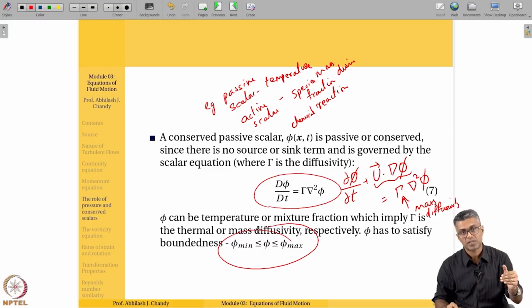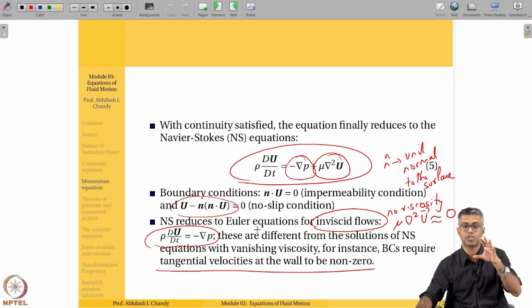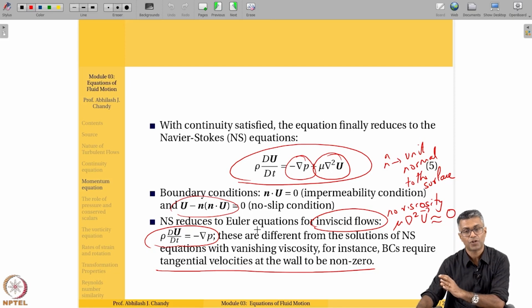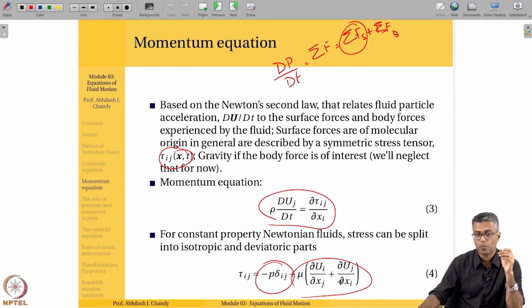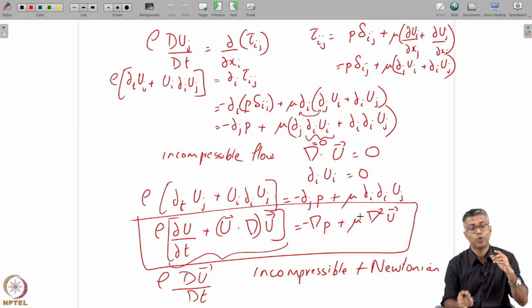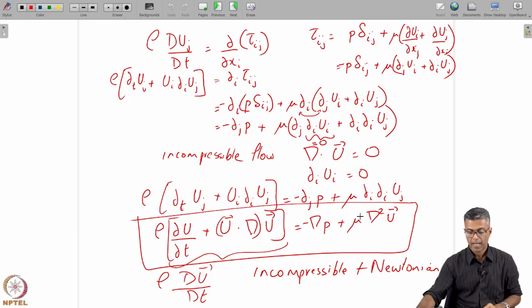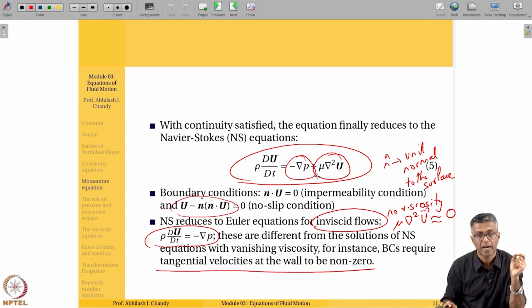Then we took the stress tensor, and we equated that to an isotropic part, which is the pressure, and a deviatoric part, which is what you see here. We put that into the momentum equation, and we got the momentum equation in this form with the incompressible assumption and the Newtonian assumption. So rho du dt is minus del p plus mu del square u.